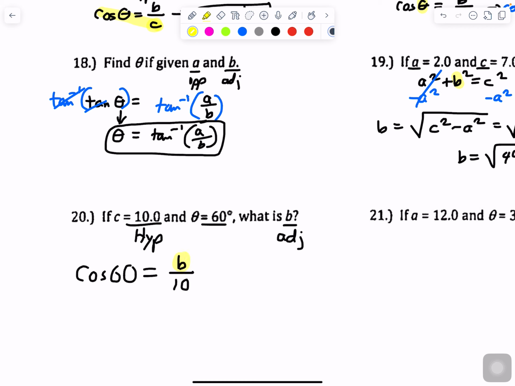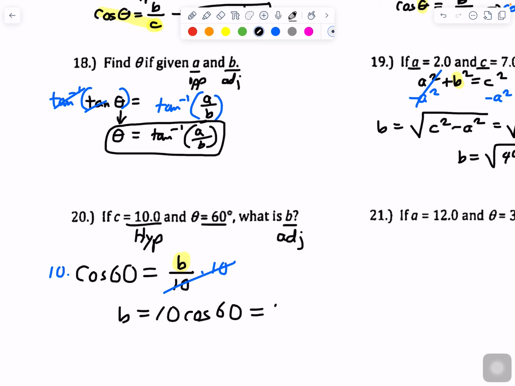Now I have to solve for B. In order to do that, I have to get rid of the 10 in the denominator. So the opposite of dividing by 10 would be to multiply by 10. B equals 10 times the cosine of 60. If you put that in your calculator, the cosine of 60 is 1/2, so 10 times 1/2 would be 5.